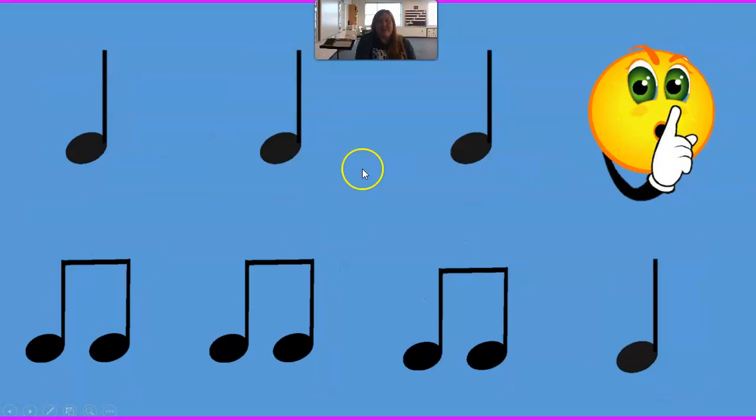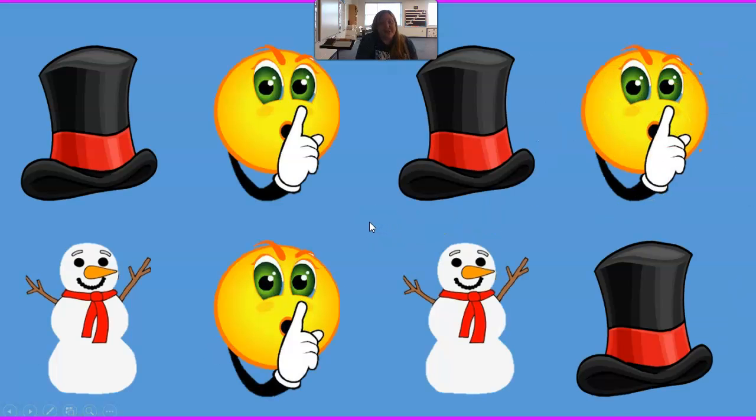Try this same symbol now, but with our tas and TTs. Ready, go. We have ta, ta, ta, TT, TT, TT, ta. How'd you do with our new symbol? I bet you did awesome. But now, let's make it harder. Ready, go.